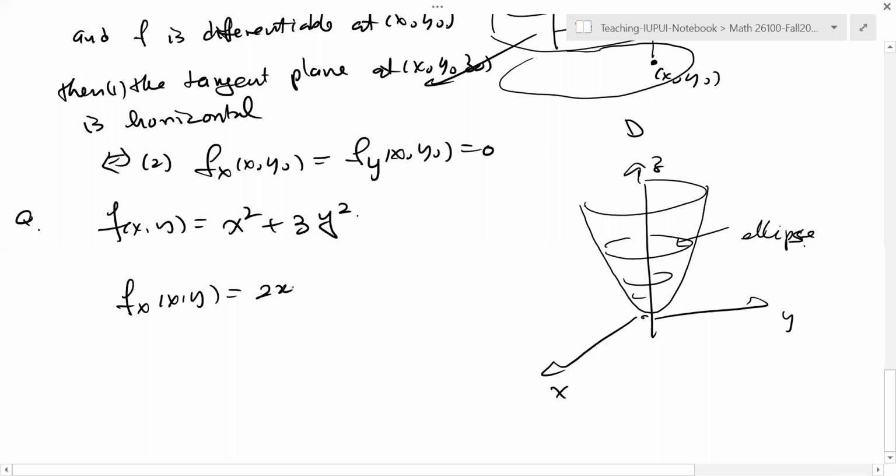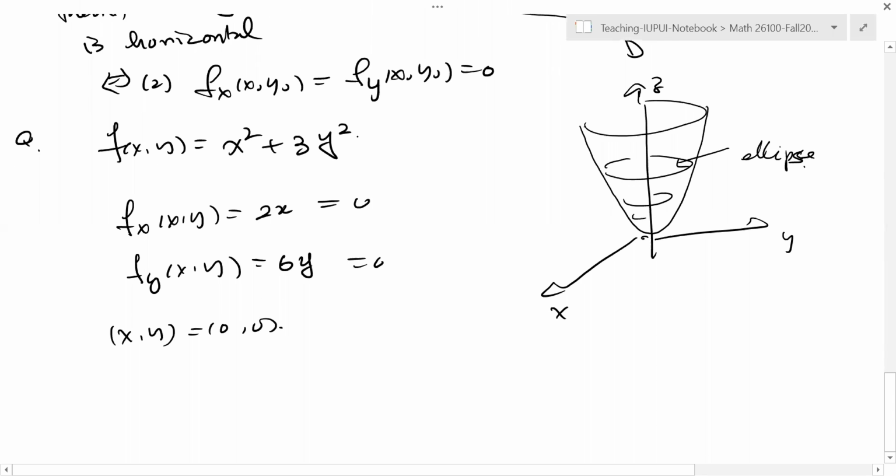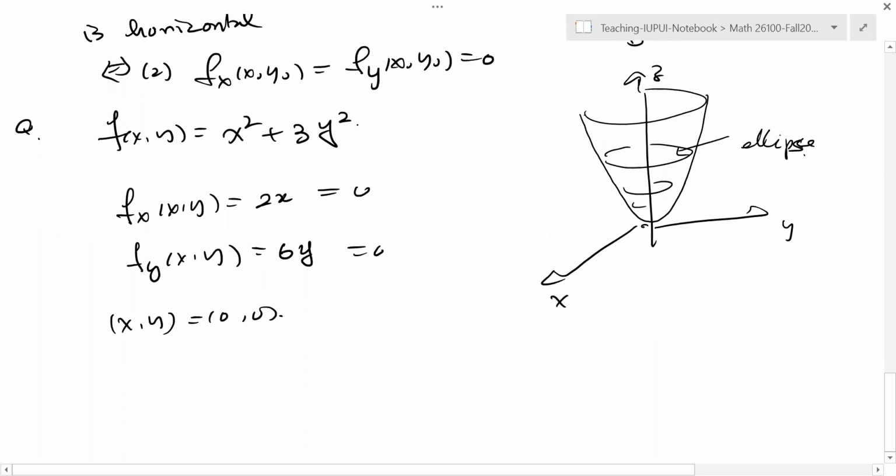That'll be 2x, and f sub y is going to be 6y. If I set them to 0, the only solution I got is (x, y) equals (0, 0). This is the only candidate.